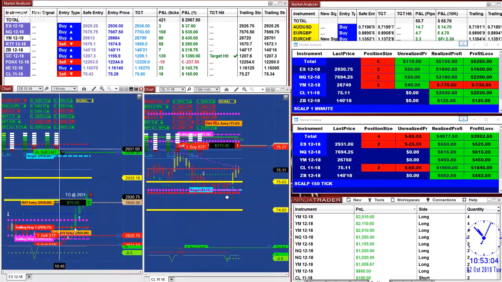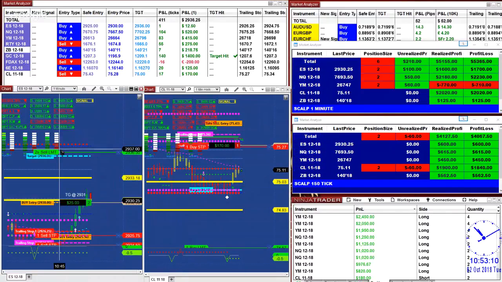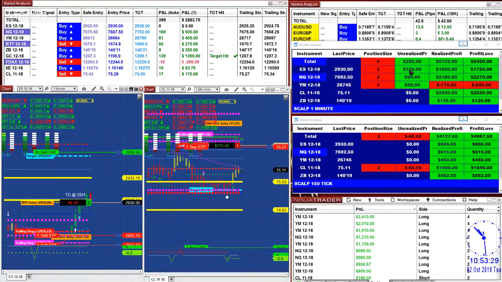This is very funny. The scalper signal took a long trade, and the signal on the ES scalper, the 1 minute and 150 ticks, took short. Amazing. The ES is on a short trade and is already $125 up.